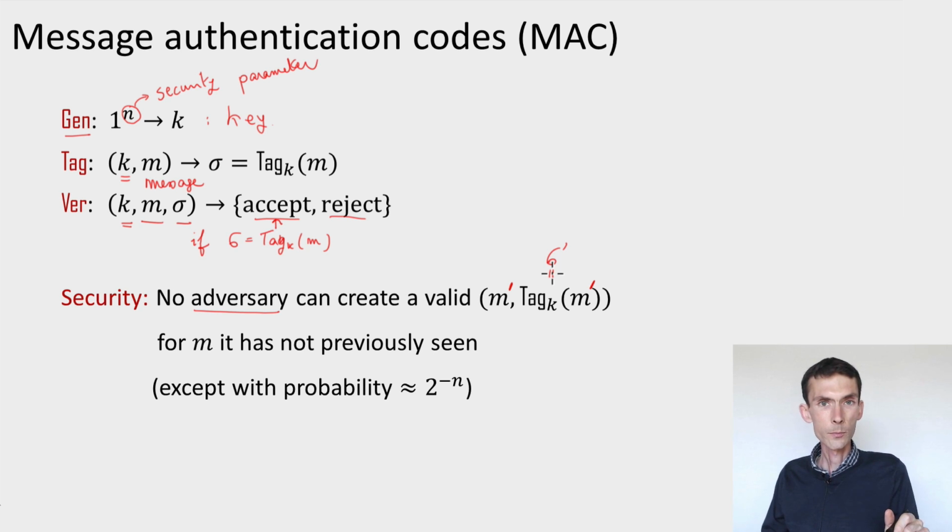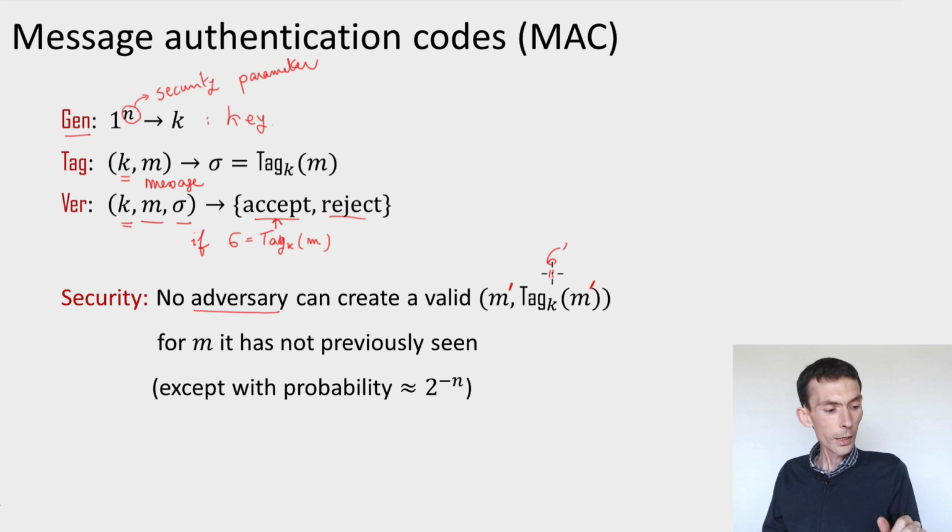Given many message-tag pairs, you are not able to come up with a new message and a valid tag for that message. If we have such a thing, you see how you can use it to authenticate a public channel. Instead of sending directly her basis information and her output information, Alice will send the same information, but with tags for that information. And when Bob receives it, he'll verify that the tags are correct.